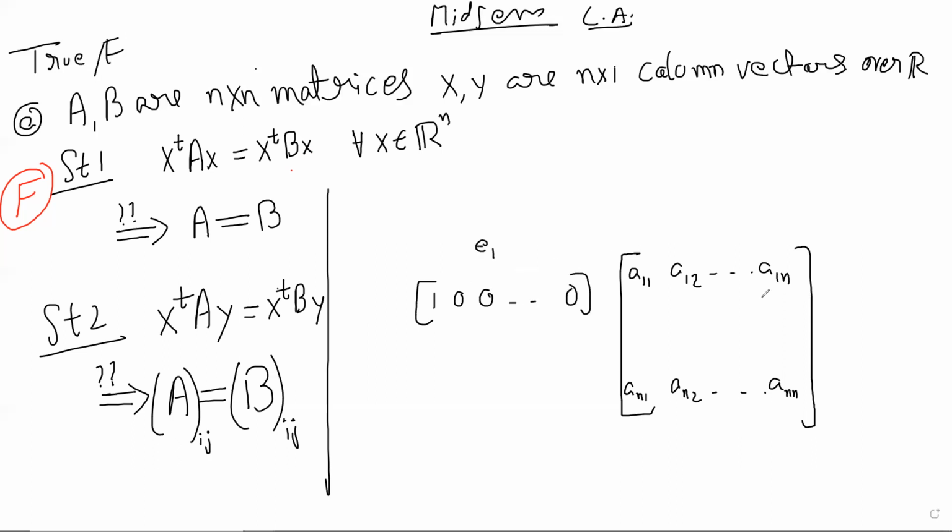What this does is it just takes the top row out and the rest is all 0, like A11, A12. So this is just R1. Yeah.